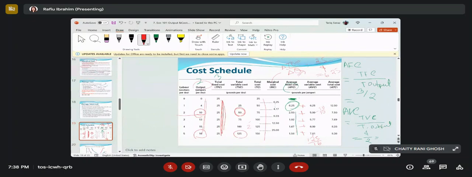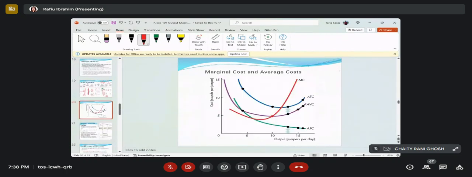So 50,000 taka is spent for 20 students, and 50,000 taka for 40 students. So since the number of students increases, the cost gets divided across a larger scale. And that is why as we are producing more, our average fixed cost falls. So we are going to see a downward sloping average fixed cost like this.